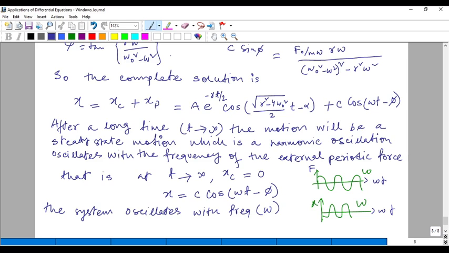So these are the applications of second order differential equations having constant coefficients in classical mechanics.